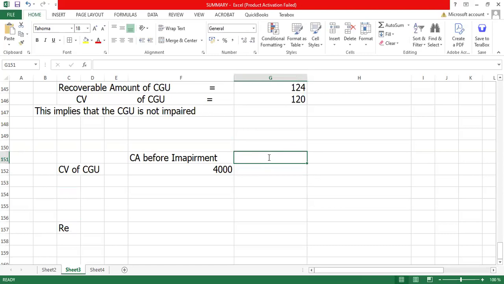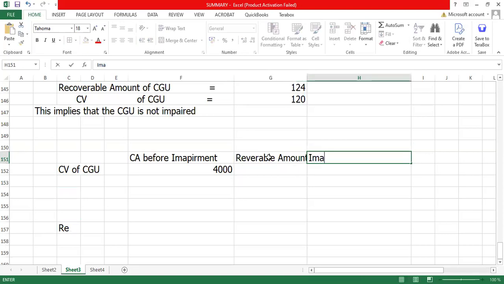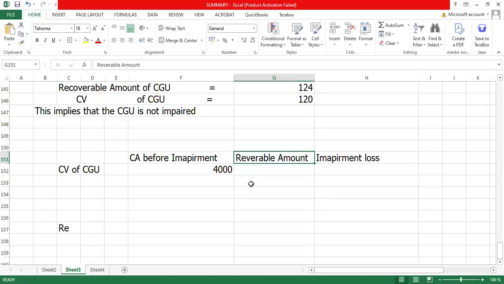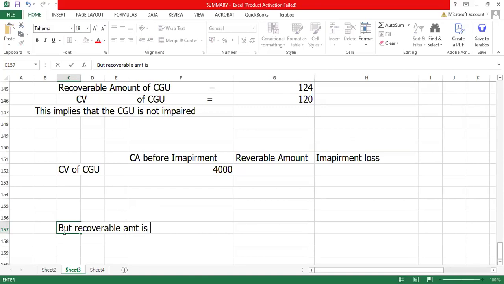Me, I put here the recoverable amount. Then from there, I can put the impairment loss. Still it works. But what is the recoverable amount? The recoverable amount is the higher of value in use and fair value less costs to sell.